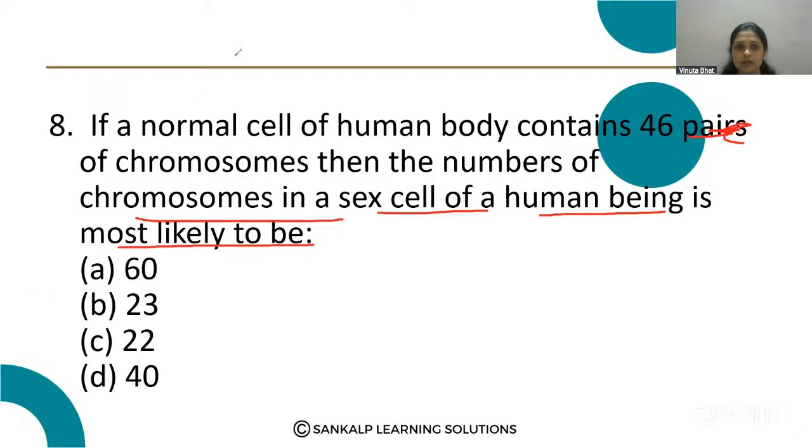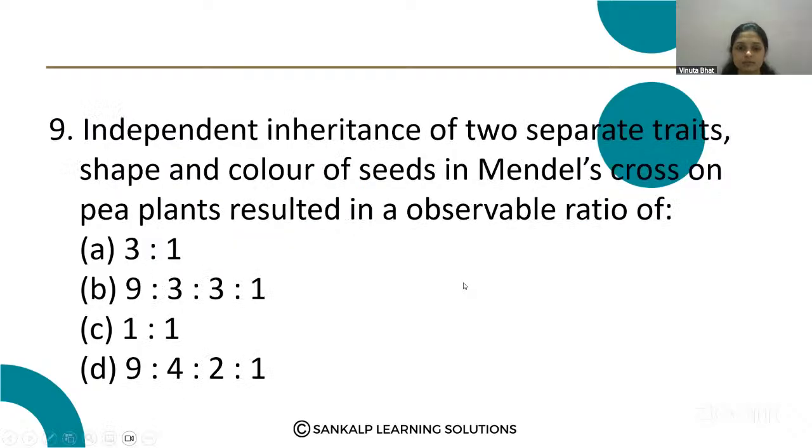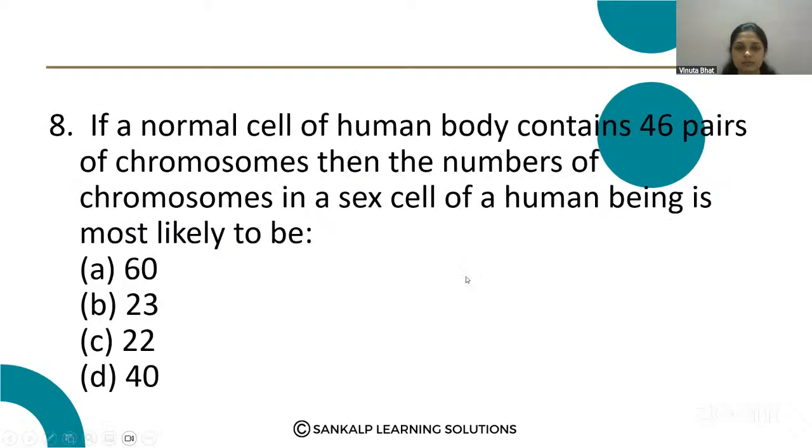Yes, what is the answer for this question? So in a sex cell, how many chromosomes will be there? That is also 23. Okay. Next question.